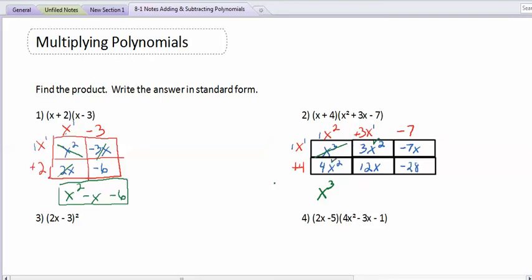So it's 3 plus 4 is 7, and it's positive 7x to the 2nd. I use those 2. I'm going to cross them off. And then I have 12 minus 7, 7, 8, 9, 10, 11, 12. So then I have a positive 5.